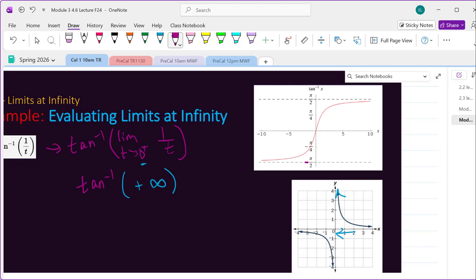So now we're looking at the inverse tangent as we go towards positive infinity. As x increases and increases, the function gets closer and closer to the upper horizontal asymptote.